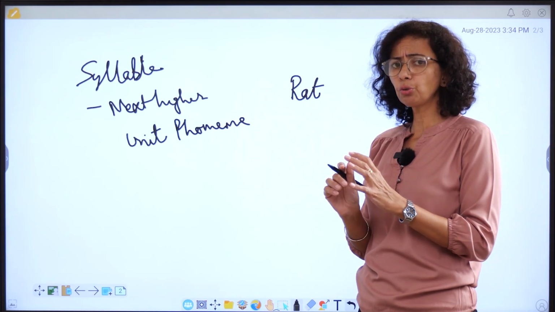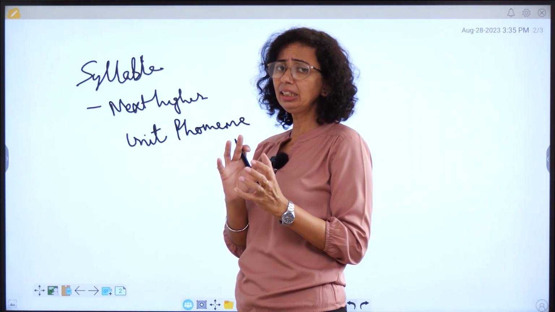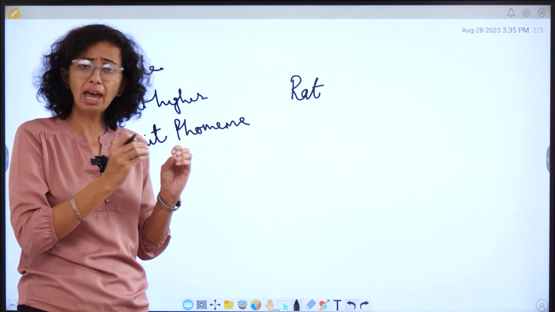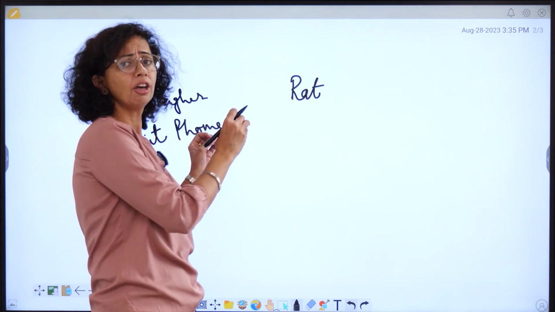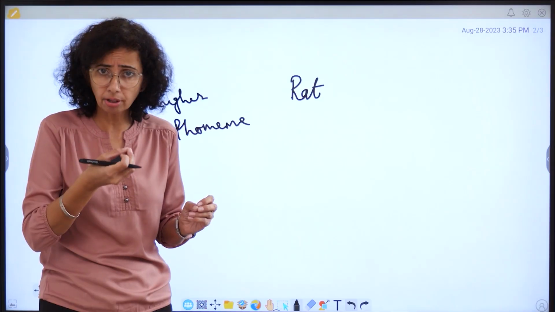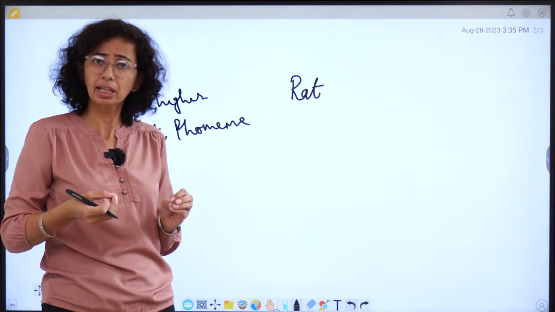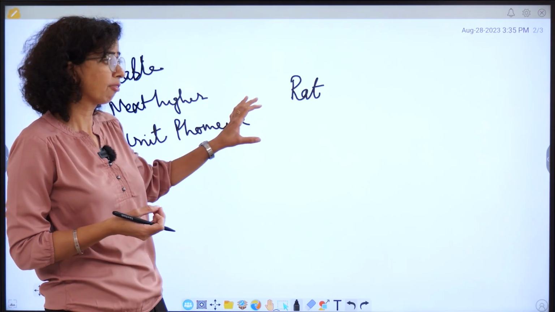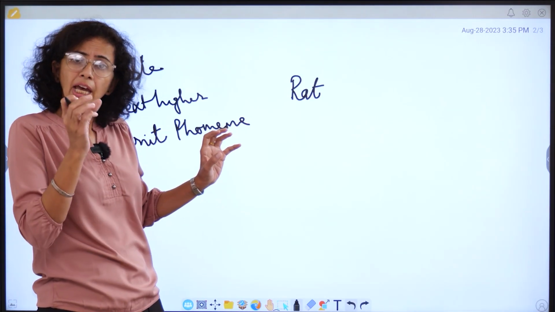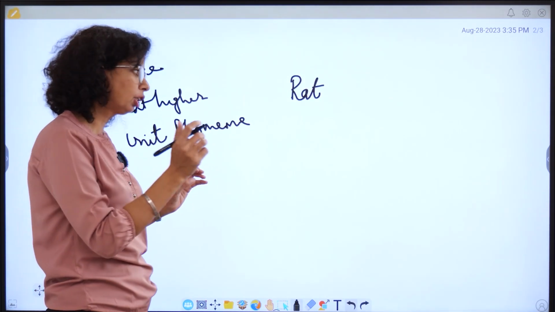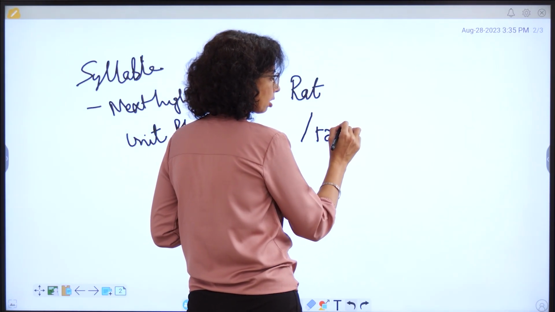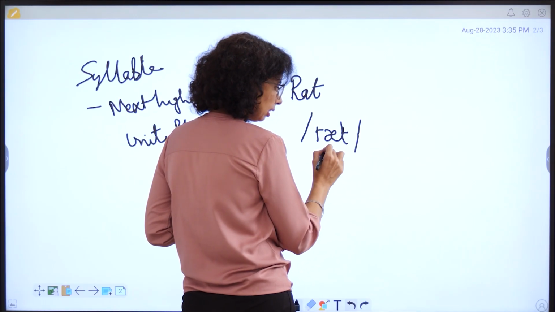But if I want to write it phonetically, I need to combine certain consonant sounds as well as certain vowel sounds. For example, I'll be using the R sound, the A sound and the T sound to say rat. So the vowel sound is the nucleus over here, which is making it a syllable.